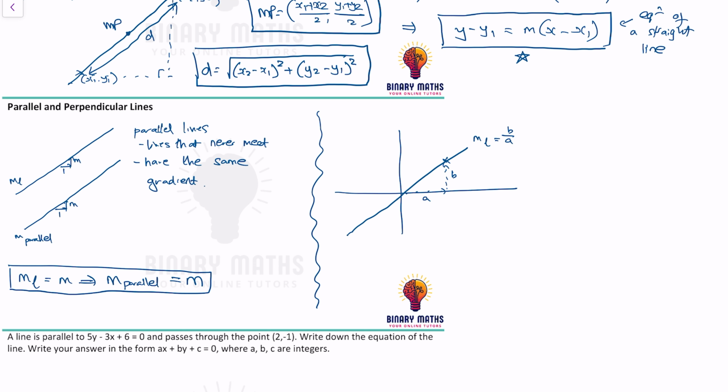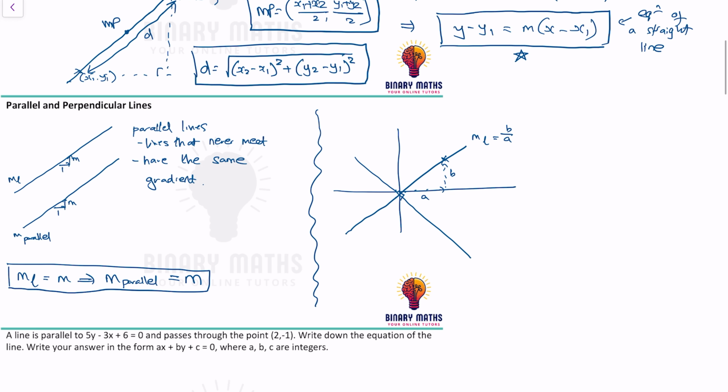Okay, now if I rotate this 90 degrees and then end up going like that, then because I've rotated it by 90 degrees, this point has gone here.